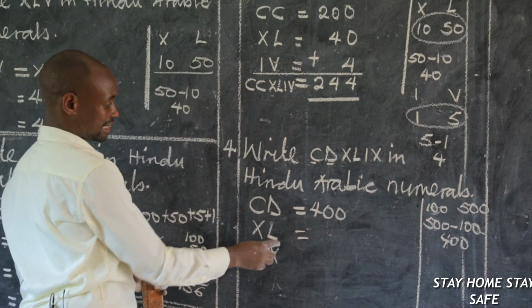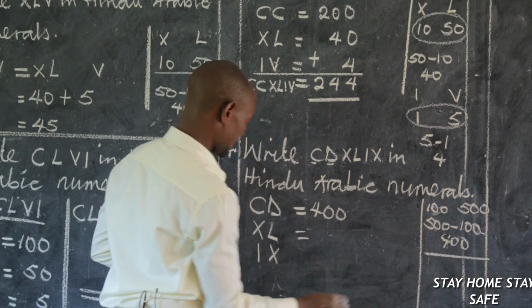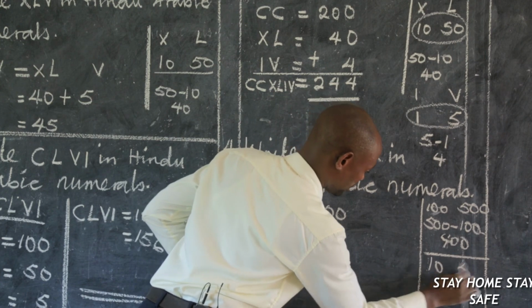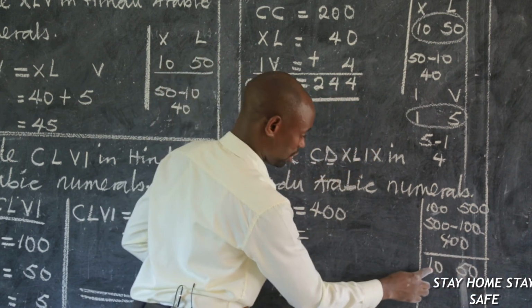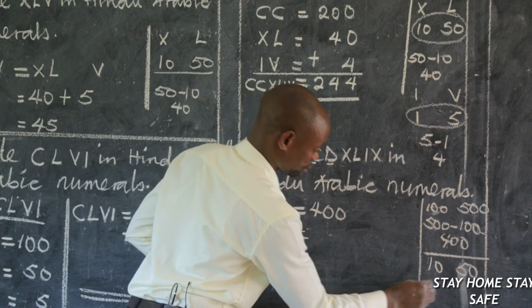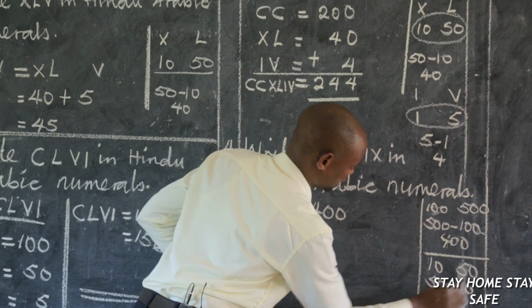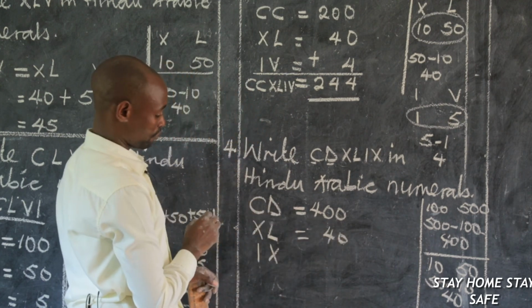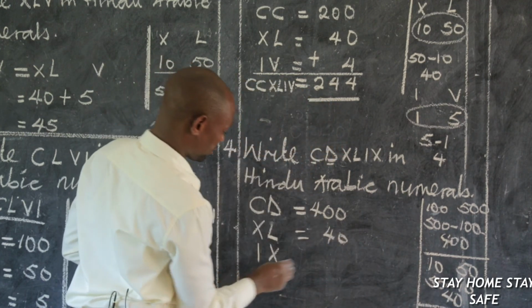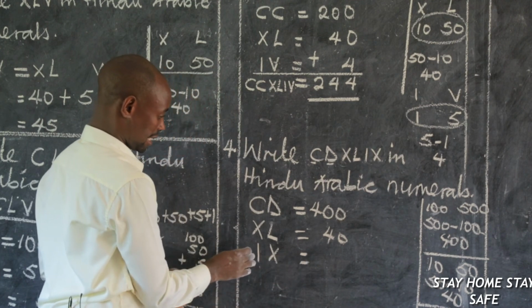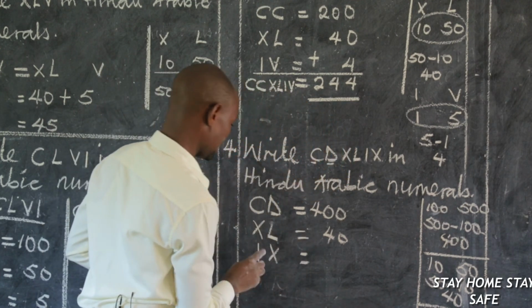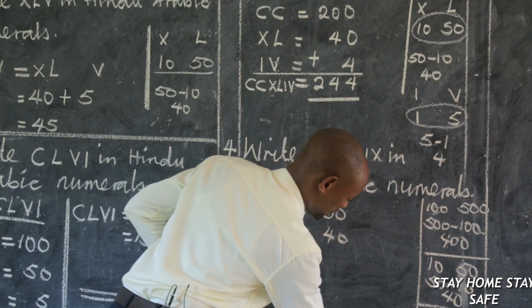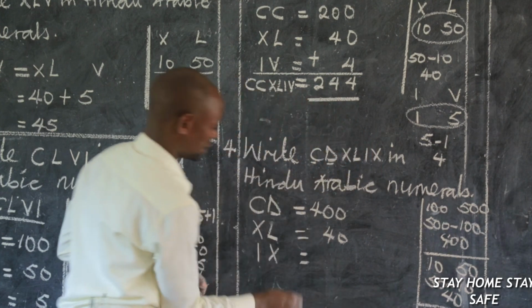What about XL? X is 10. L is 50. Small before big, you subtract. So it is 50 minus 10, which will give you 40. That one is 40. Then we have IX. I is 1, then X is 10. Small before big, you subtract. 10 minus 1, which will give you 9.